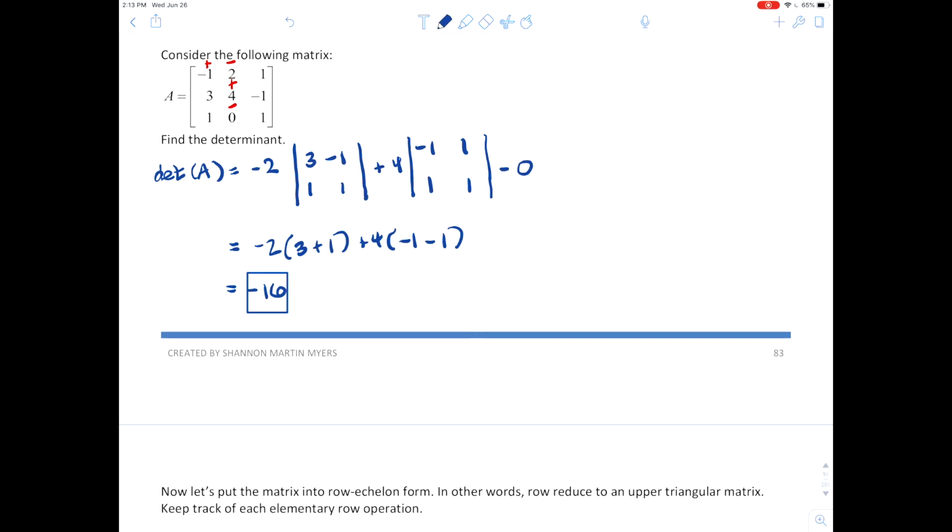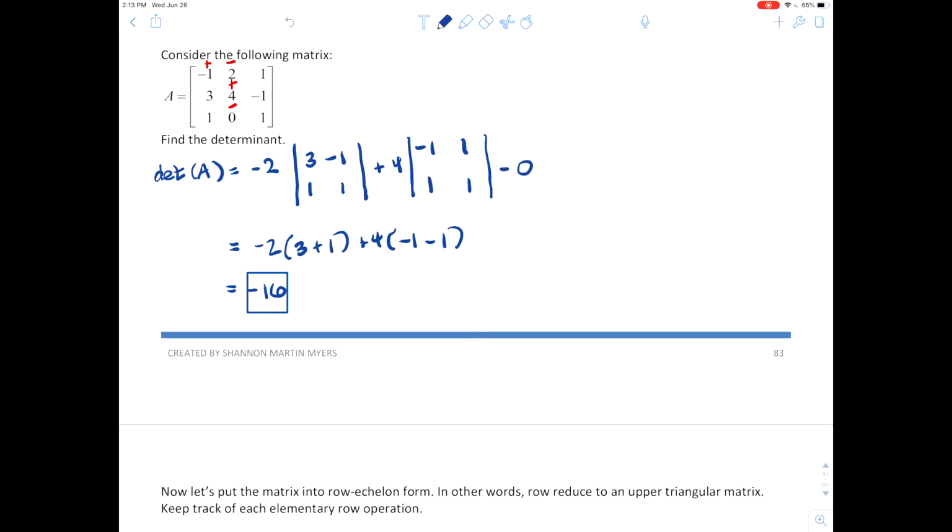Now, let's look at the same determinant that we had in the last one. I'm gonna row reduce that determinant and make it triangular, okay? And so let's see what happens.